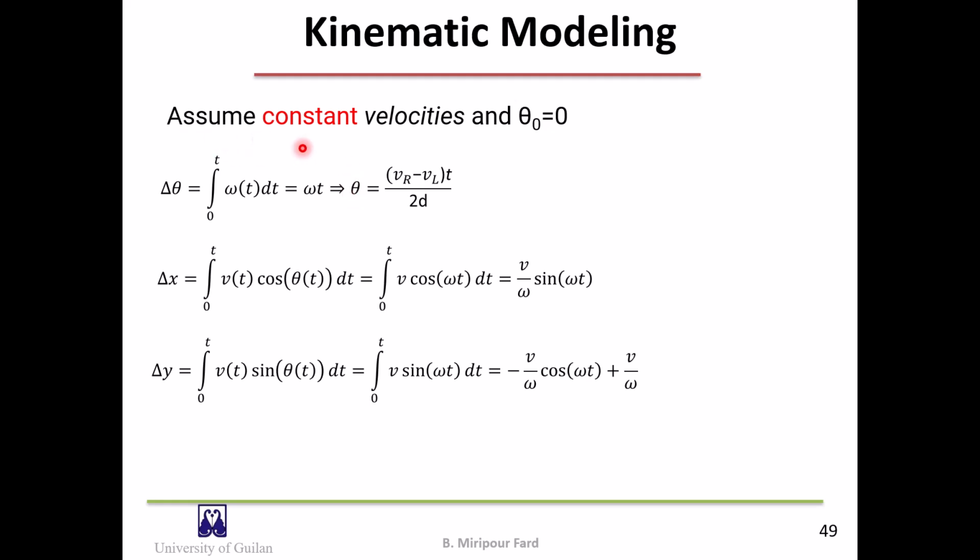When the velocities and angular velocity are constant, we can obtain these relations. As seen in these relations, given the action and the initial pose, we can simply obtain the final pose of the robot.